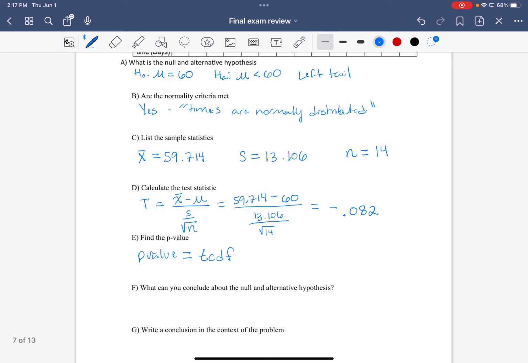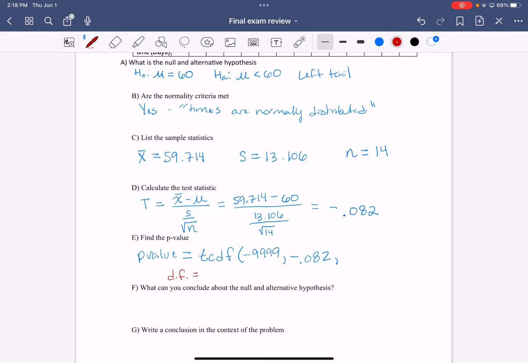So TCDF, this is a left-tailed test, so we know it's going towards negative 99999, negative infinity. The upper bound is our test statistic, the negative 0.082. Does anyone remember what comes next? The degrees of freedom, good. We didn't already calculate the degrees of freedom, so I'm going to do it right here in a different color.